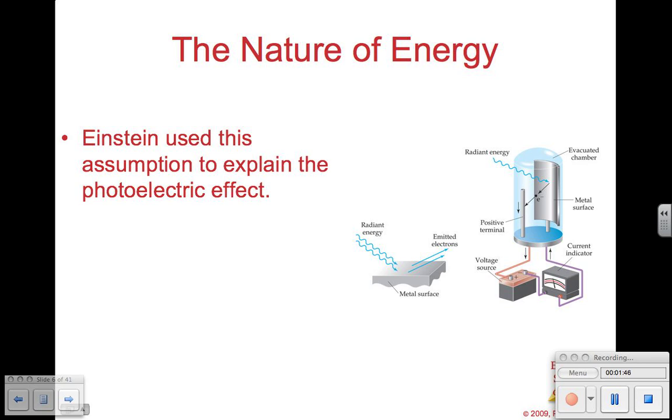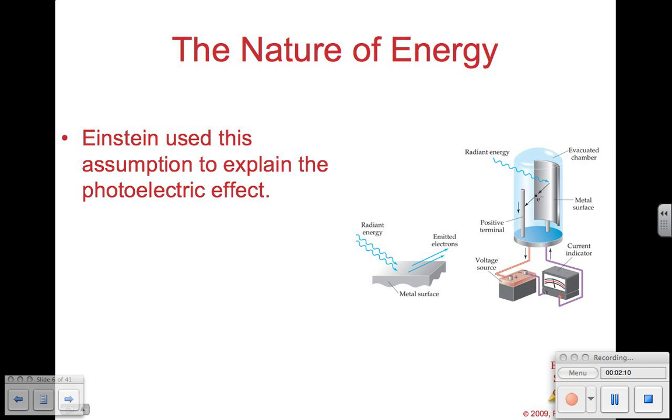So Einstein used the assumption to explain the photoelectric effect. The photoelectric effect is the idea that you can have light energy come in the form of a wave, but then it's able to cause electrons to come off of a surface.